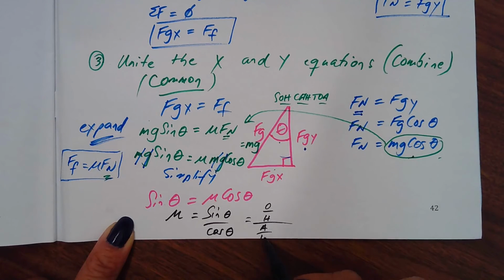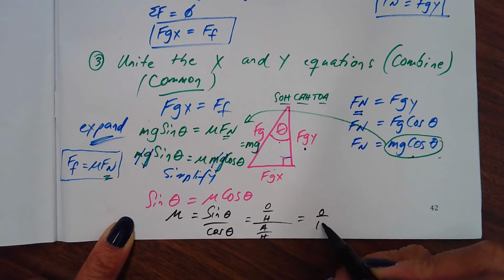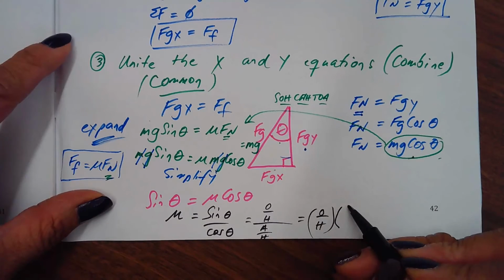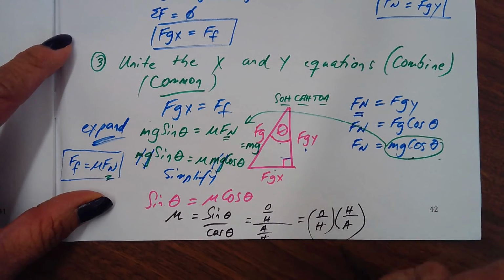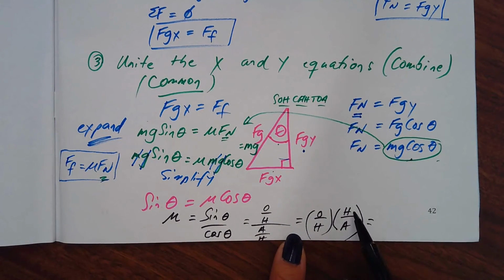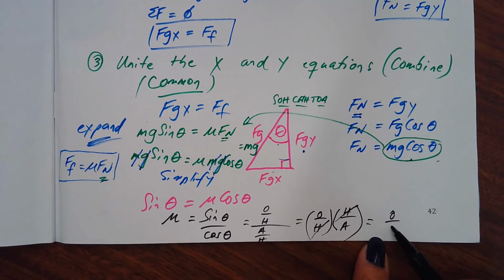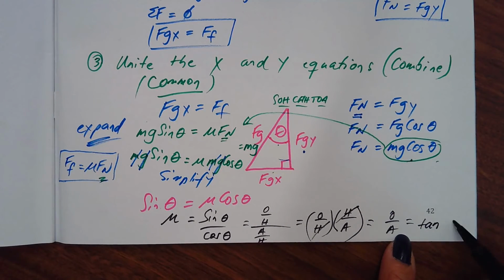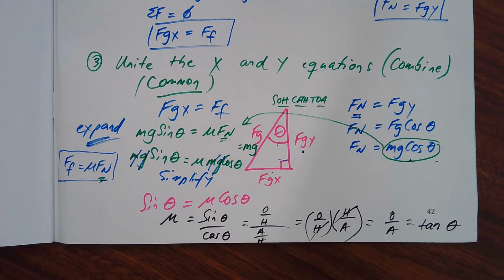Adjacent over hypotenuse. Look at this. I'm going to just rewrite this so it looks better. Opposite over hypotenuse times hypotenuse over adjacent. I'm going to assume you can do the math here. Okay? And look what happens with the h. We are left with opposite over adjacent, which is tangent. We just derived a trigonometry identity.